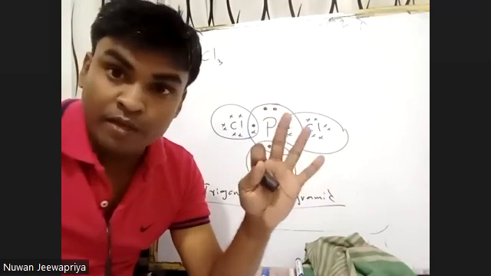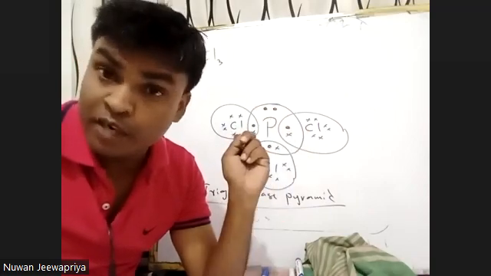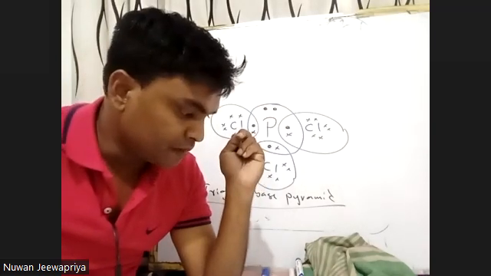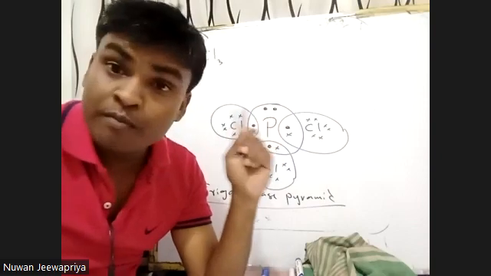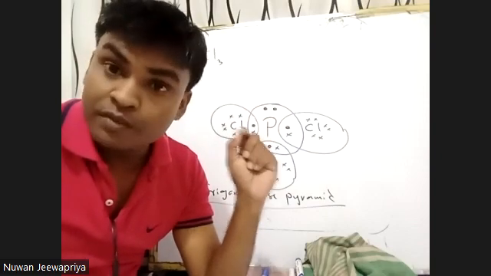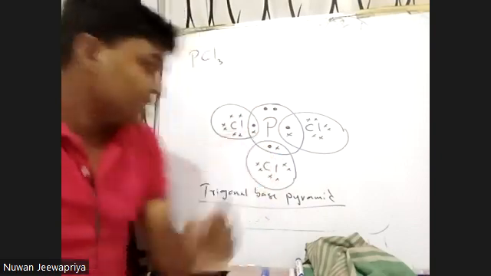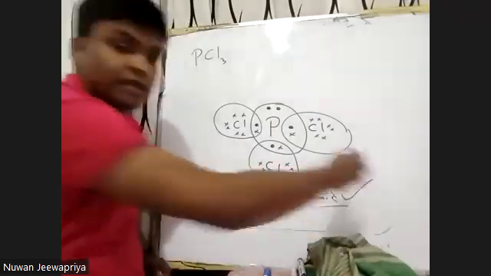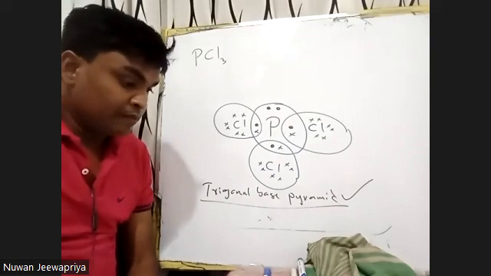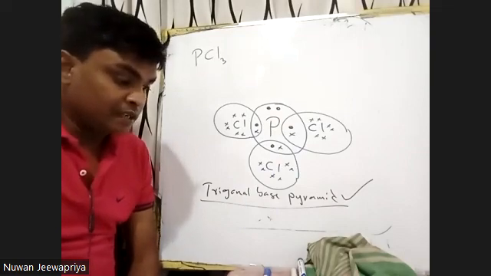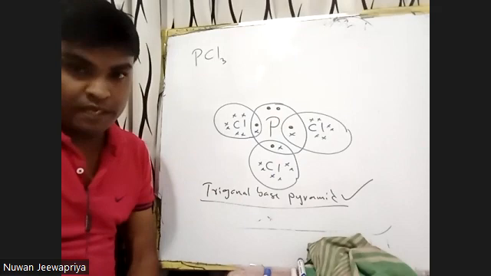If you carefully notice, there are 3 marks allocated for that. 1 mark is given when you say the shape is trigonal base pyramid. Don't say trigonal pyramid. You'd better say trigonal base pyramid.